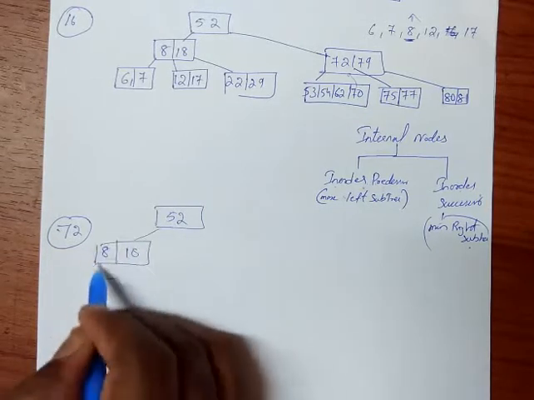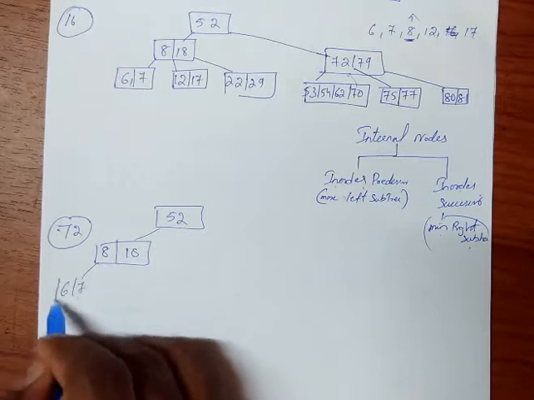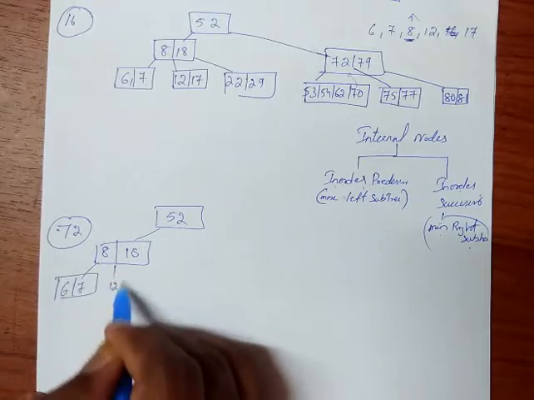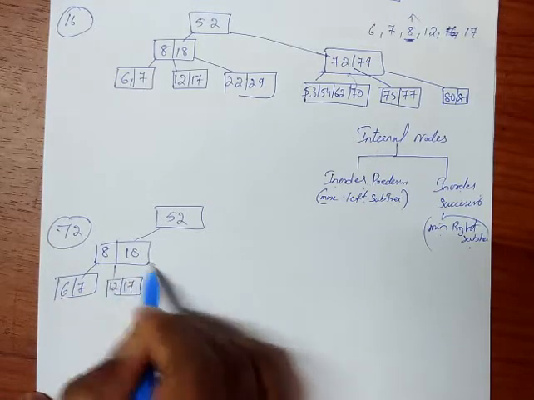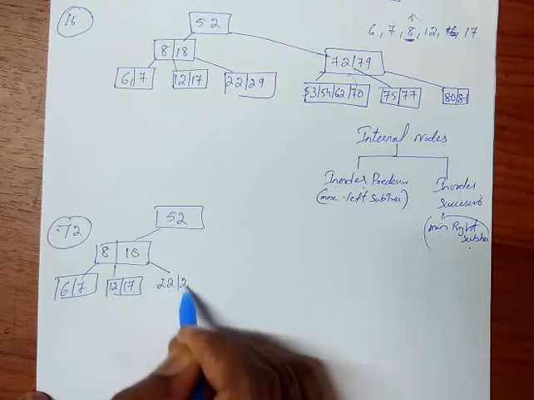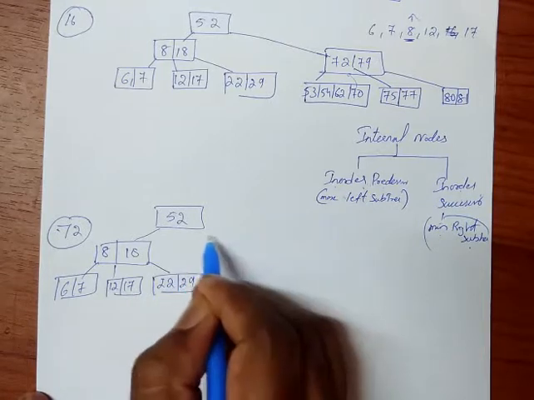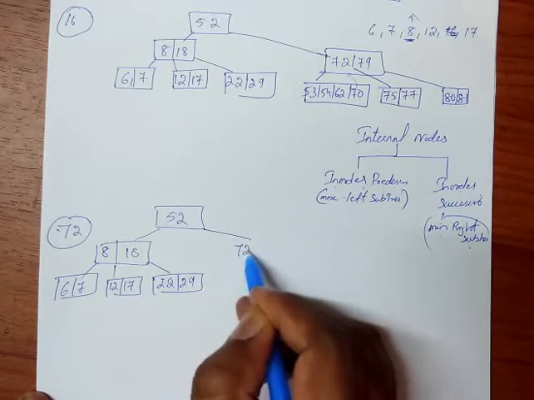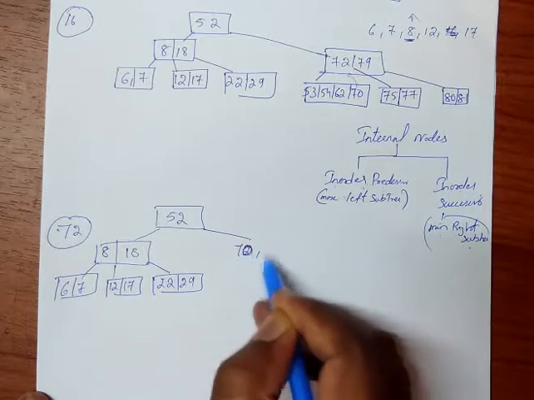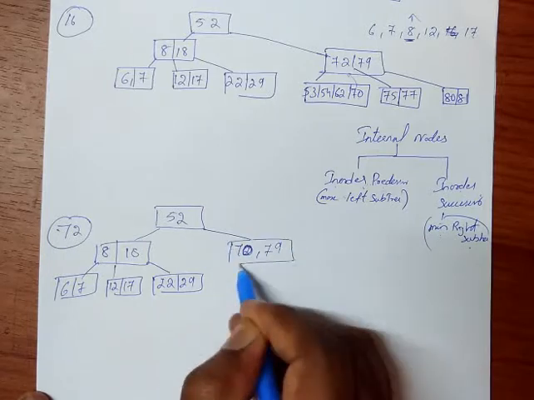Here you find that the in order predecessor of 72 is 70, and you can take either the in order predecessor or the in order successor, but while choosing you have to count the number of elements in that node. Suppose the number of elements in the in order successor is greater than in the in order predecessor, then you go for the in order successor.